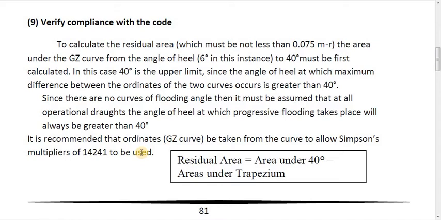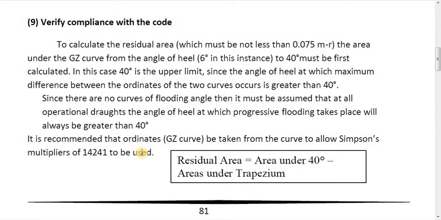Okay, so that is the residual area, and the residual area should not be less than 0.075 according to the International Grain Code of IMO for our vessel to pass.